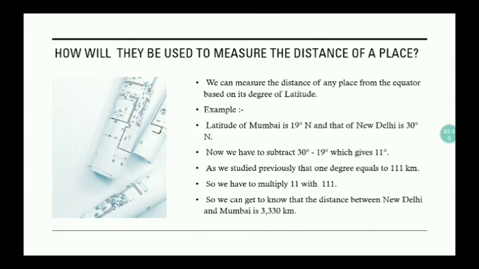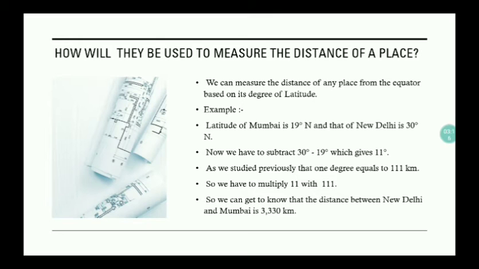How will they be used to measure the distance of a place? We can measure the distance of any place from the equator based on its degree of latitude. Example, latitude of Mumbai is 19 degree north and that of New Delhi is 30 degree north. Now we have to subtract 30 degree minus 19 degree, which gives 11 degree.